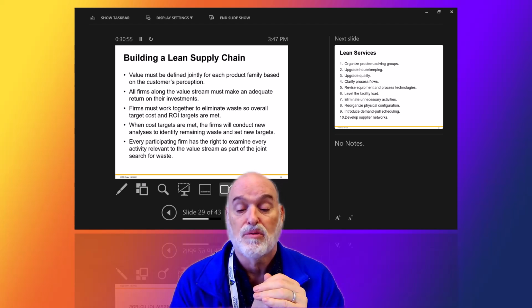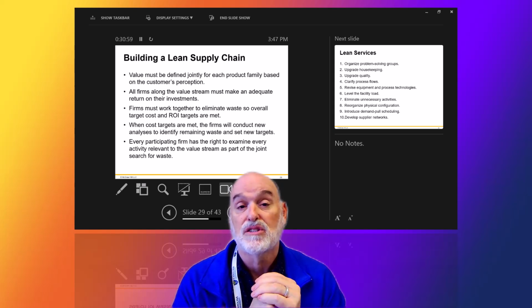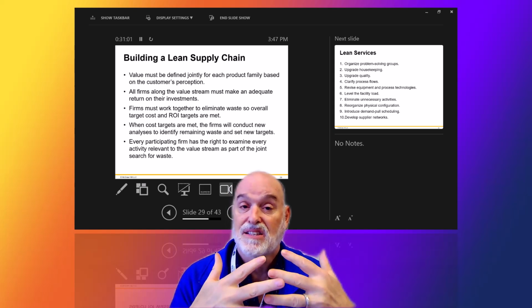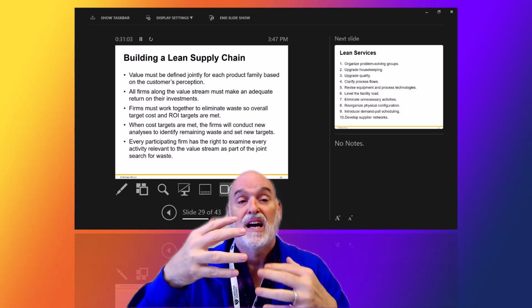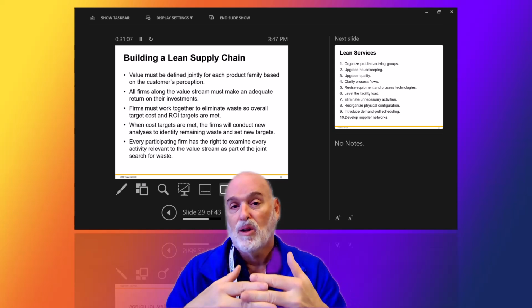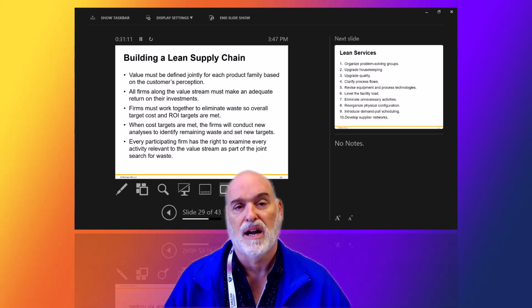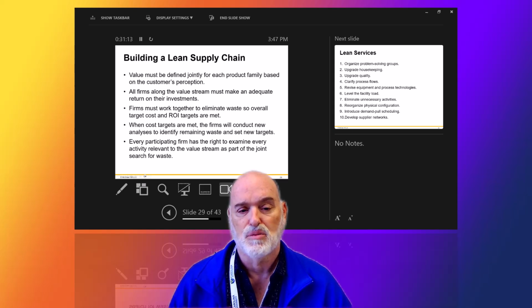Every participating firm has the right to examine every activity relevant to the value stream as part of the joint search for waste. That's collaborating. It's not only aligning the individual company, but it's also aligning multiple companies to produce the most efficient product in the most efficient way.